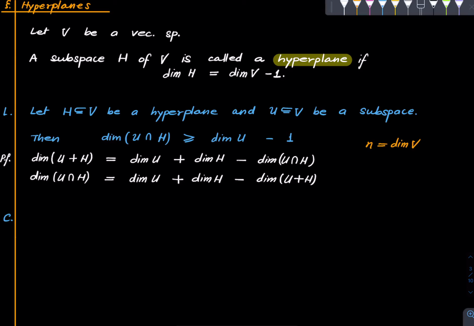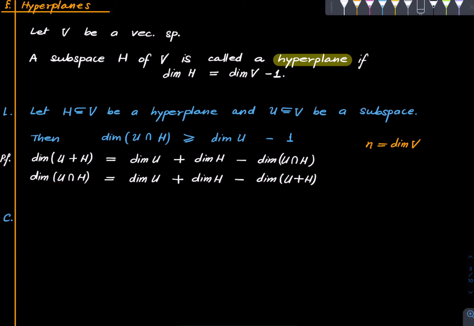Then the right side is what? The right side is dimension U plus n minus 1 by definition of a hyperplane, minus at most n, since U plus H is after all a subspace of V, so its dimension is at most n. So n minus 1 minus something that is at most n, and just that observation gives you this. So I hope this is clear.